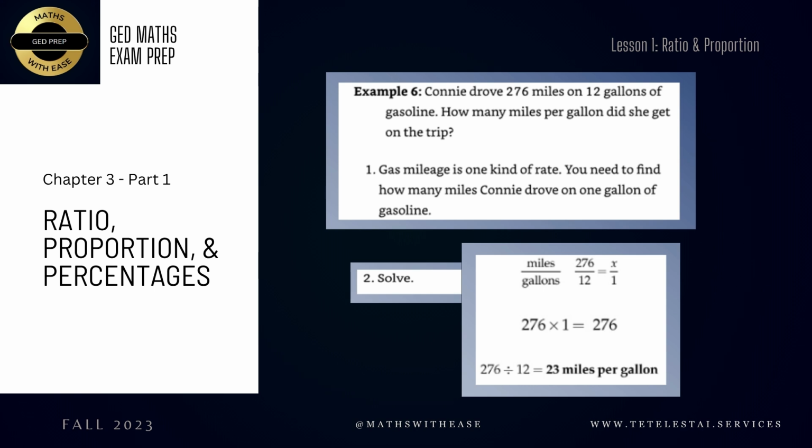Well, we don't know. 12 is the number of gallons. We know that she drove 276 miles on 12 gallons. And then the question is asking us how many miles per gallon did she get. So we've equated 12 gallons to 1, and 276 miles to X.